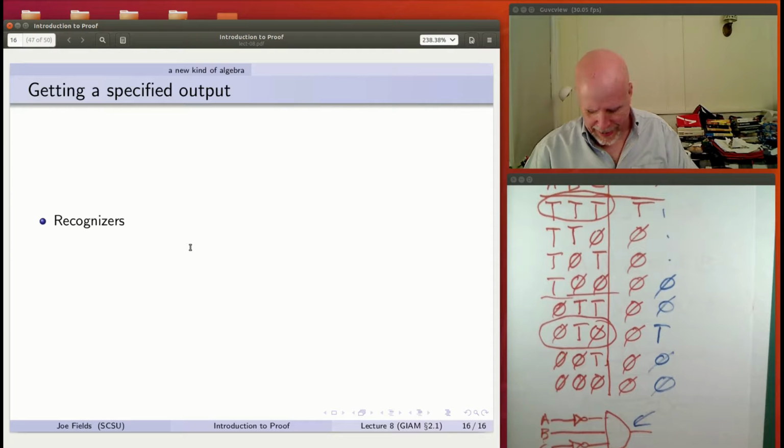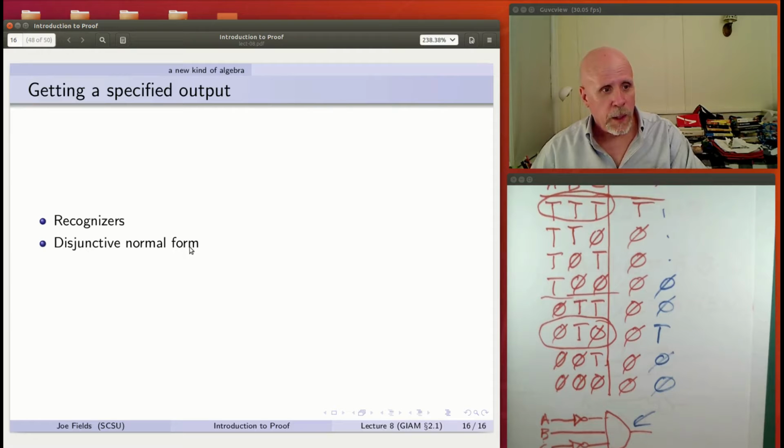Well, the idea of a recognizer lets you build a circuit, and the concept behind that circuit actually leads to a thing in logic called disjunctive normal form. Disjunctive normal form is basically saying, on the outside you have a disjunction, an or, and on the inside you have the other thing, conjunction.